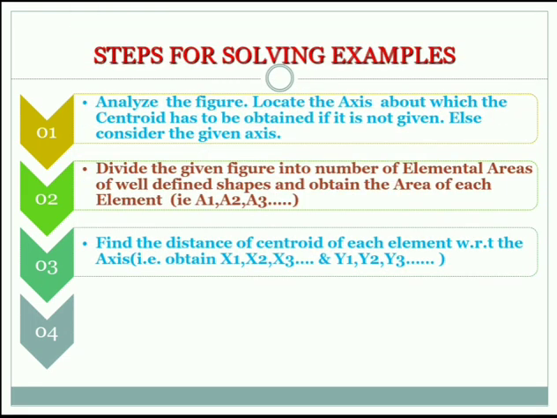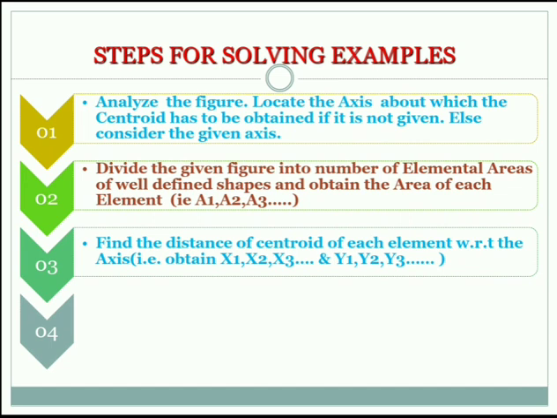Then in the third step, we have to find the centroidal distance of each elemental figure with respect to the reference axis which we have taken.